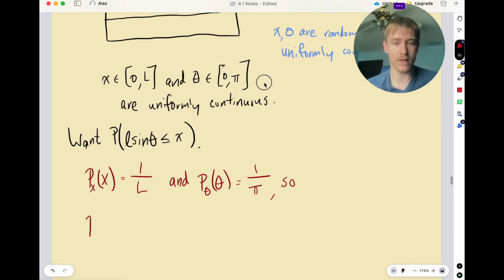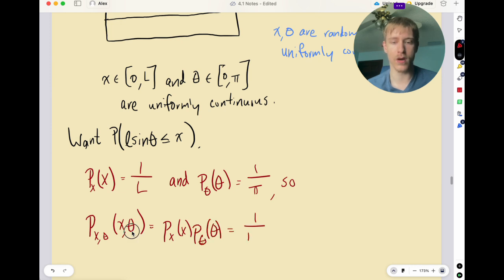For their joint distribution, remember, because x and theta are completely independent, that's just going to be the product of these probability density functions. So we get 1 over L times pi.